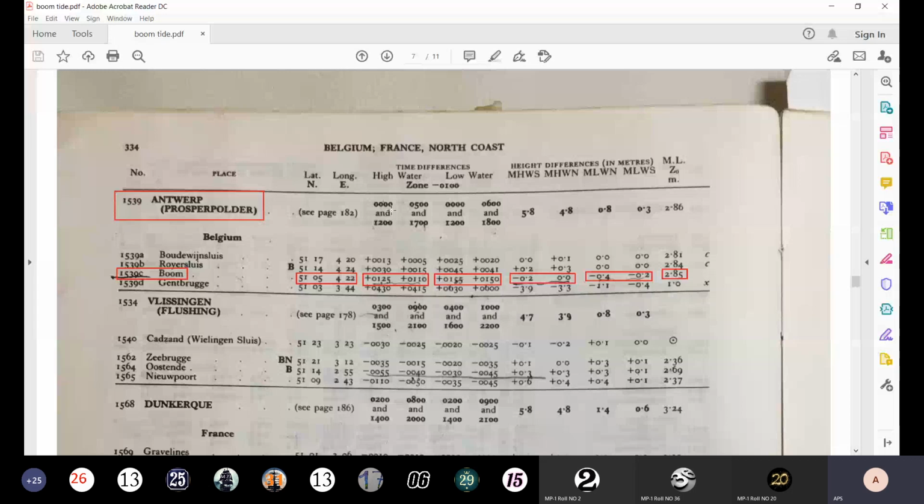Okay, so midnight, suppose Antwerp time, it was high water. So Boom will have high water at 0125. Similarly, if 12 o'clock exactly noon time, there was high water at Antwerp, then you will have to add 1 hour 25 minutes to get high water at Boom. That means it will become 1325.